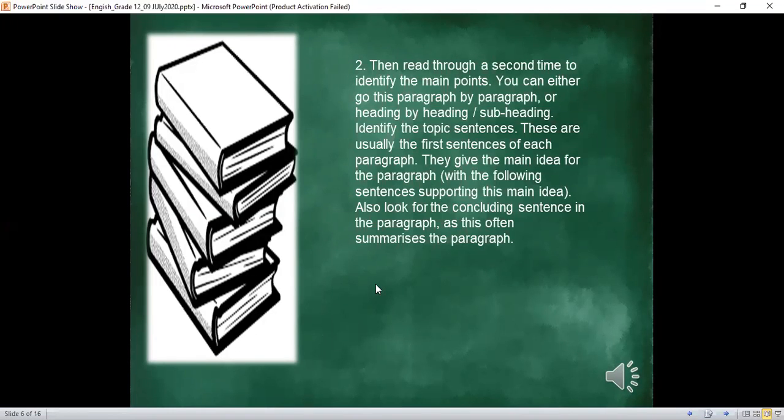Then there's a closing sentence towards the end of the paragraph. So already there, each paragraph has its own idea. That's how any piece of writing should be. Anyway, so you just go about collecting the main ideas. You collect the main ideas.